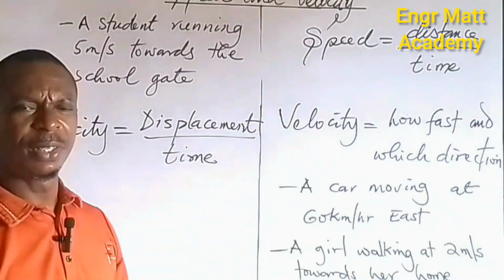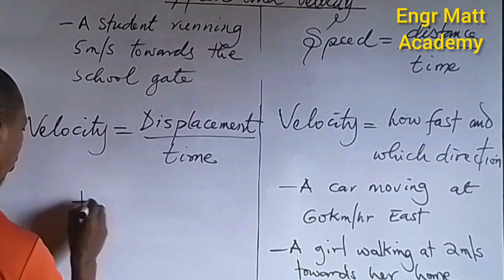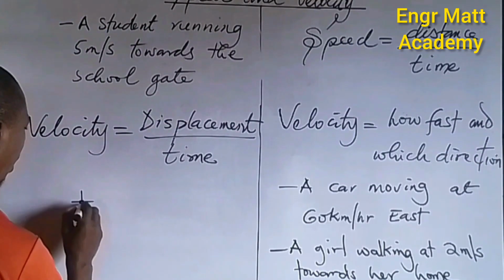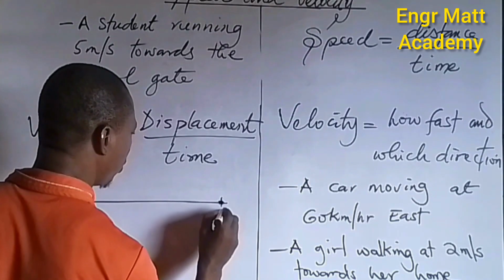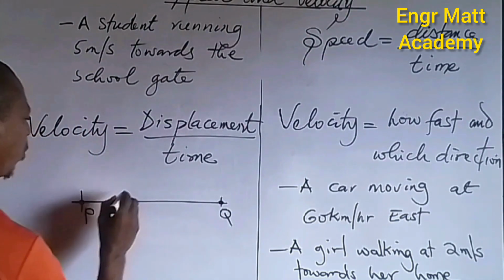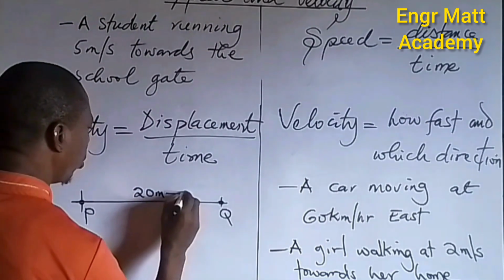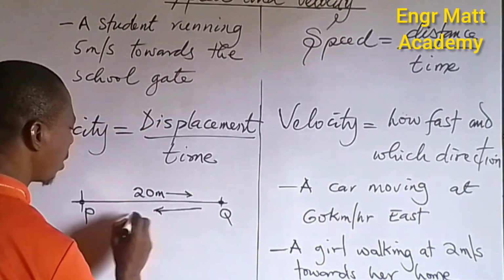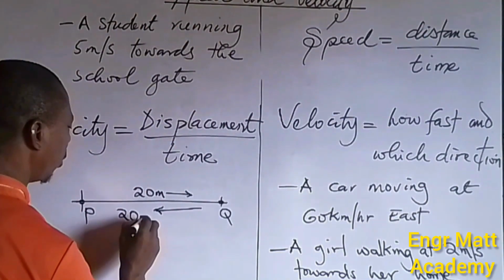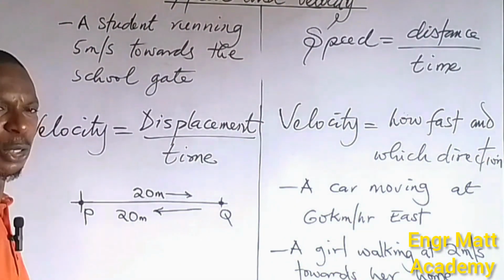To make this point very clear, let's consider the movement of a boy. Let's assume this is point P, and a boy moves from point P to another point Q. If the boy moved 20 meters from point P to point Q, and he moved 20 meters backwards to the starting point, what distance has he covered?